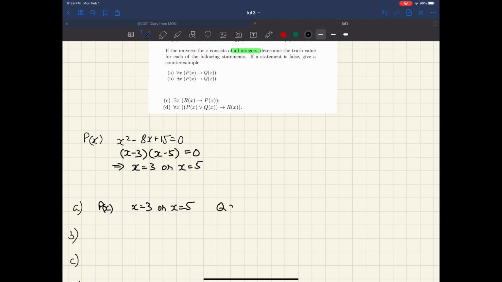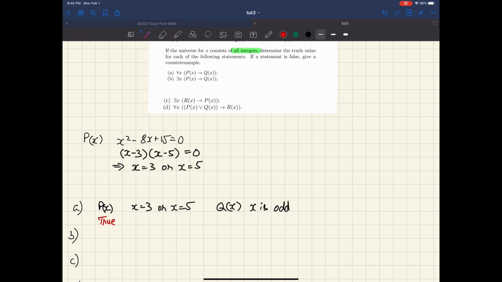And since Q says x is odd, and both of these, 3 and 5, are odd, this basically holds true. So for all x which satisfy Px, they also satisfy Q of x. Hence, part A is true.